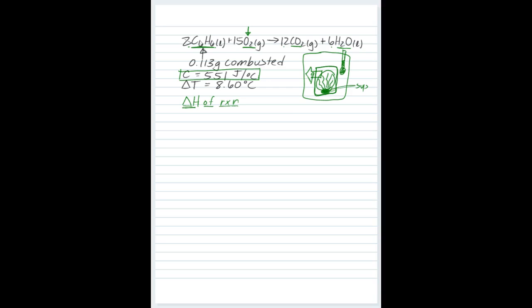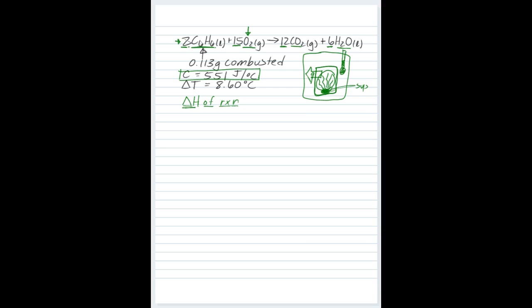That's a very specific term, the delta H of reaction. What does that mean? Well, it means that we want to find the delta H of this thermochemical equation, the equation that says exactly 2 moles of benzene are added to exactly 15 moles of oxygen to give off exactly 12 moles of carbon dioxide and 6 moles of water.